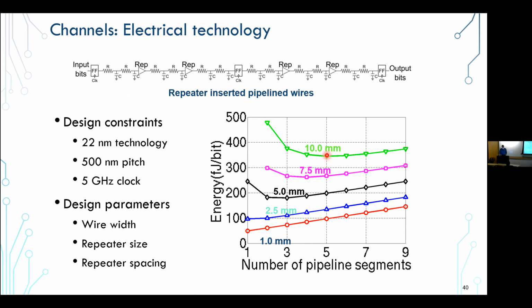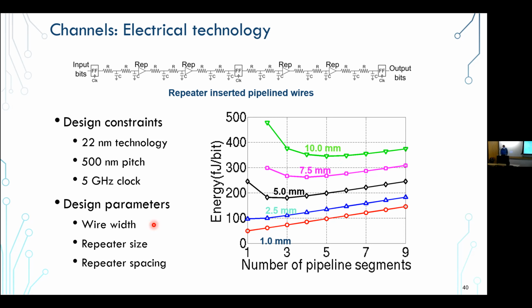Because if you chunk it into smaller chunks, you're wasting resources because you're adding more flops. If you try to make it faster, meaning with fewer segments, you're essentially going to be doing a fan out of 2 or something crazy on the repeaters, and your energy is going to go up, because you're pushing the frequency on that shorter chunk.